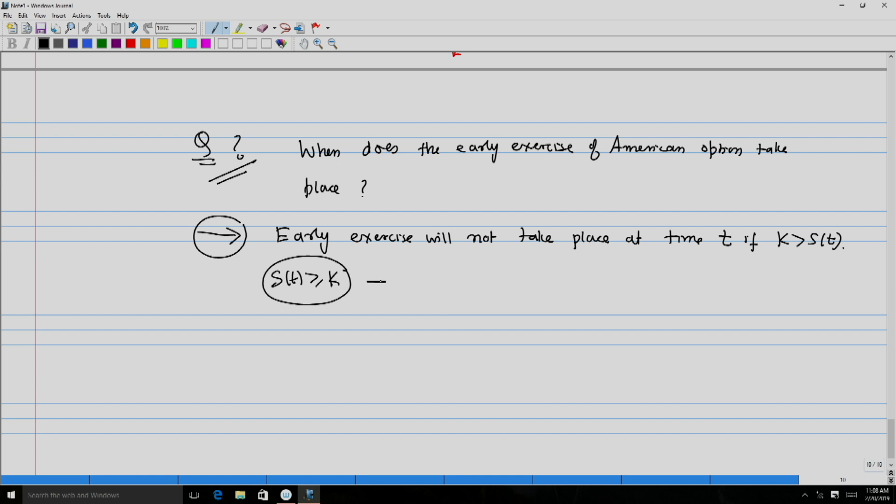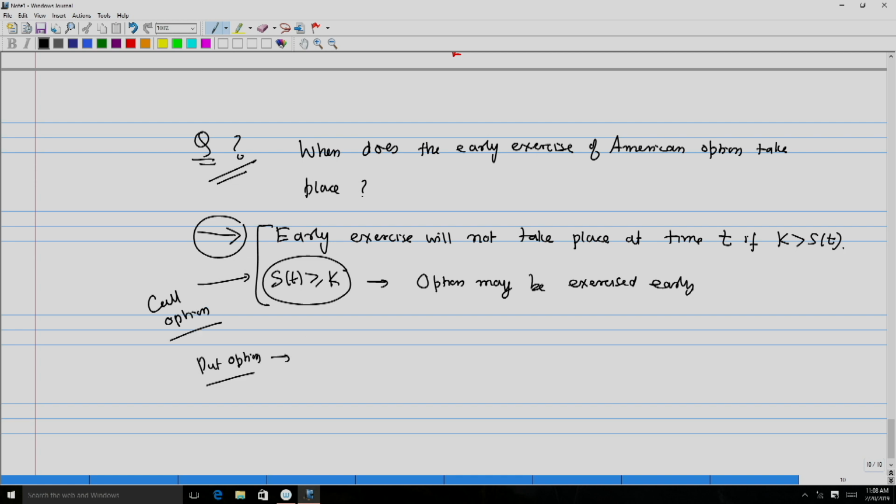In this case the option may be exercised early. Please remember that this statement is in case of a call option. In case of a put option, if your S t is less than or equal to K, then the option may be exercised early.